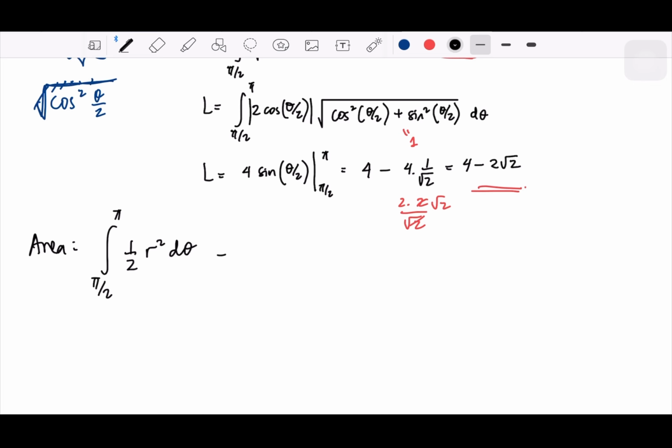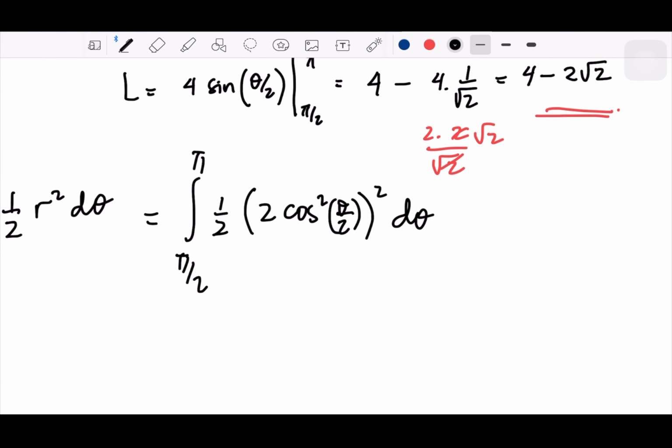Okay, now if we put directly the equation for r, 2 cosine squared theta over 2, and then squared d theta. When we square this, it will be 4 cosine with power of 4.